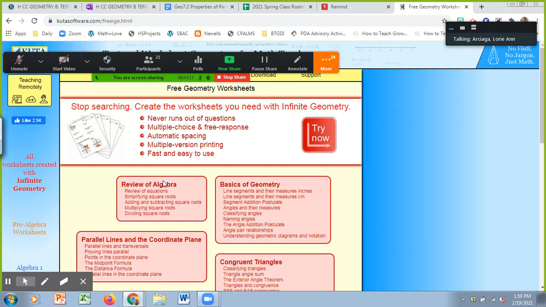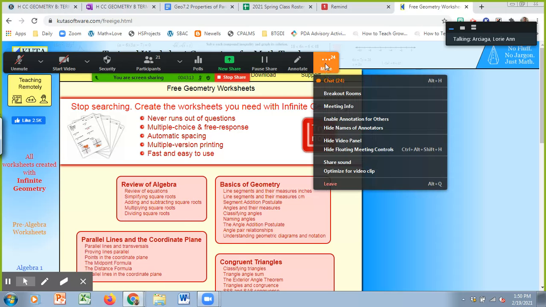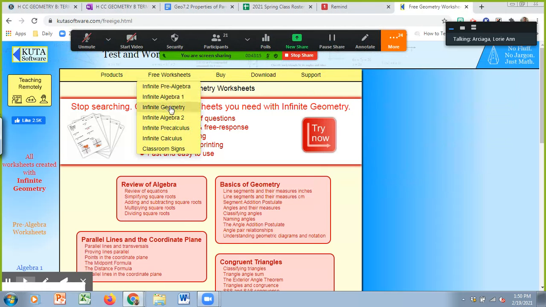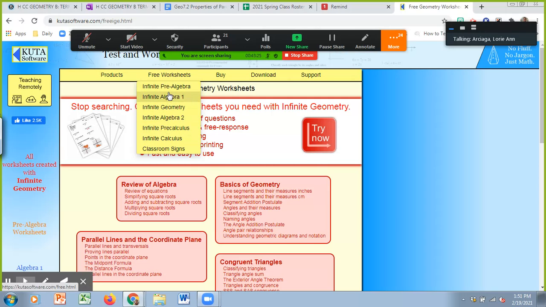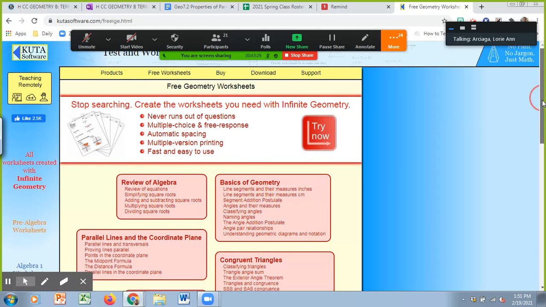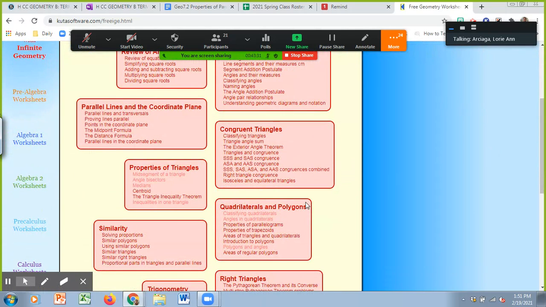You can check the answers at the bottom. Make sure you are in the infinite geometry section. And if you guys want to do some math over the summer, you have a lot of topics right here. The good thing is you can actually check your answers at the bottom.